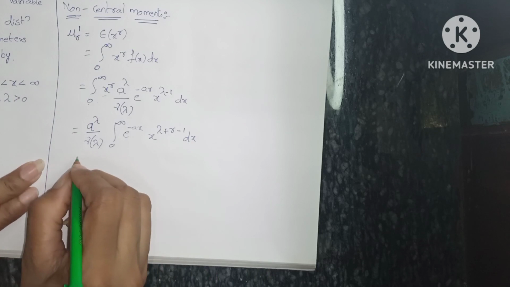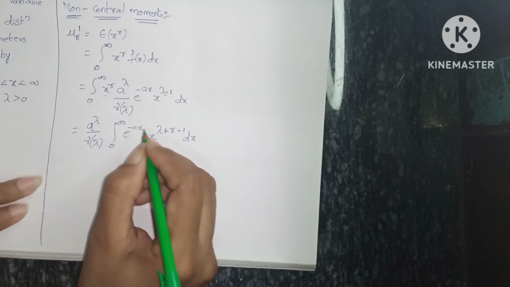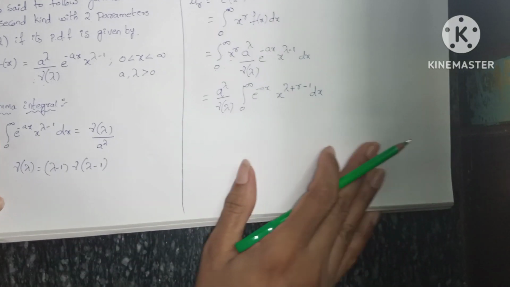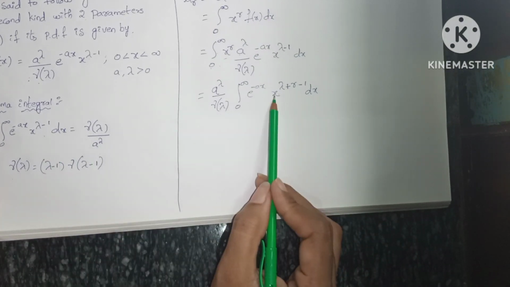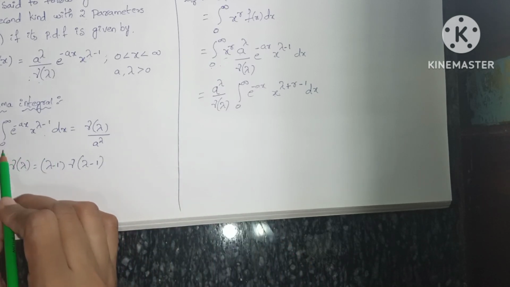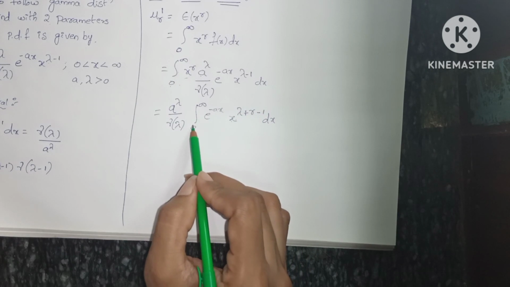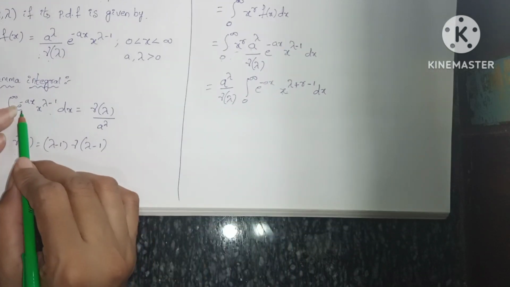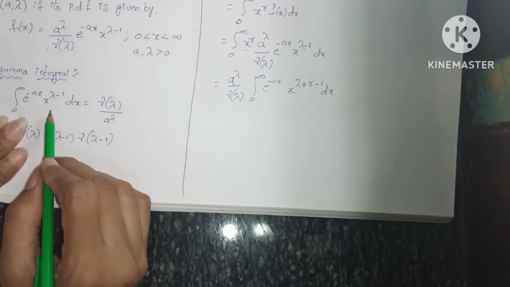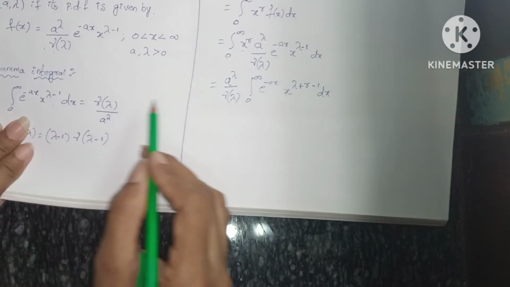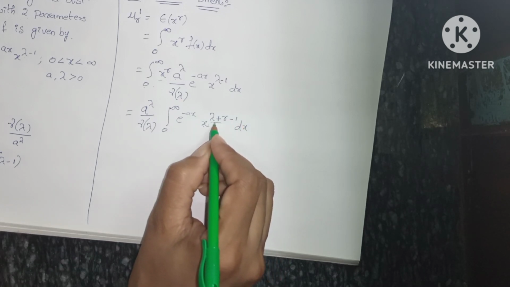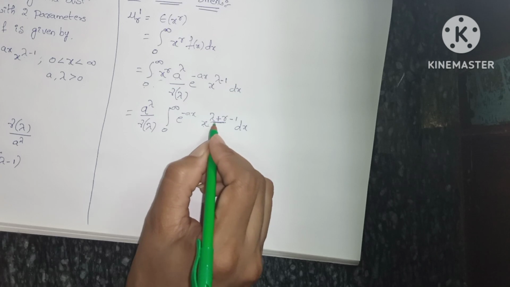If we compare this formula and the gamma integral formula, they are in the same format. Here we have integration from 0 to infinity, and there also. Here e power minus ax, there also e power minus ax. And x to the power of lambda minus 1 there, but here in place of lambda it is the total lambda plus r.